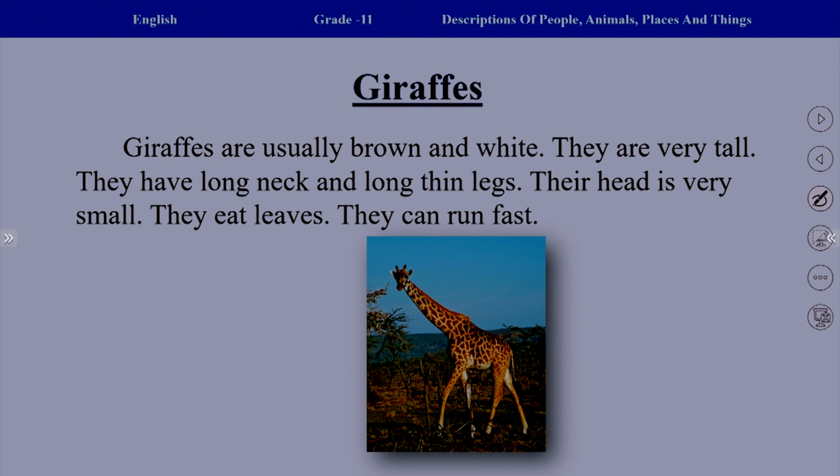They are very tall. They have long neck and long thin legs. That is also given in the box. Their head is very small. They eat leaves. They can run fast.